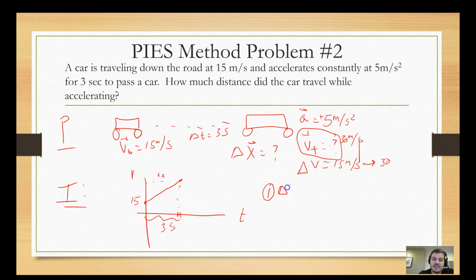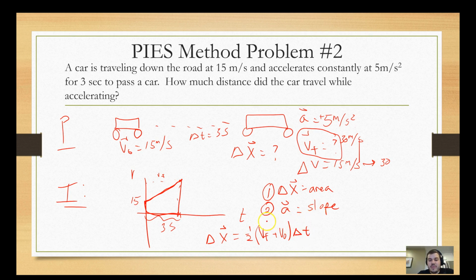So remember that the displacement is the area, and if we need to incorporate it, the acceleration is the slope. Okay, so let's build the equation for that area. The displacement is the area, which is going to be 1/2 of V final plus V initial, right, because this is now a trapezoid shape, times the change in time.